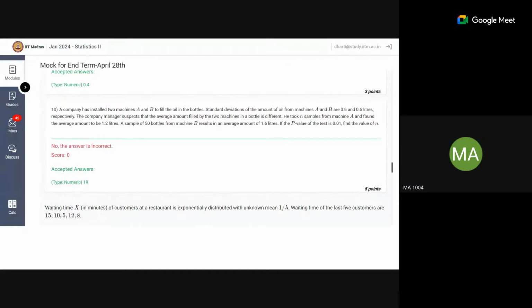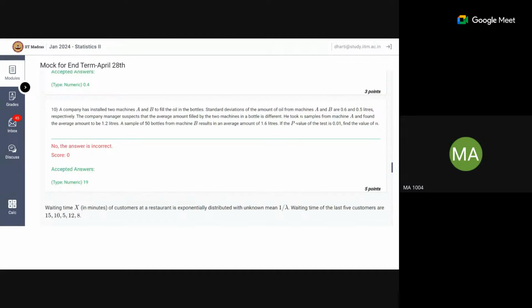The company manager suspects that the average amount filled by the two machines in a bottle is different. What will you say it? The difference of mu A and mu B, right? He took n samples from machine A and found the average amount to be 1.2.